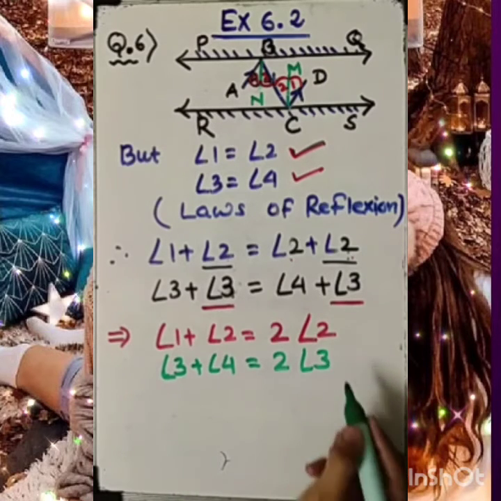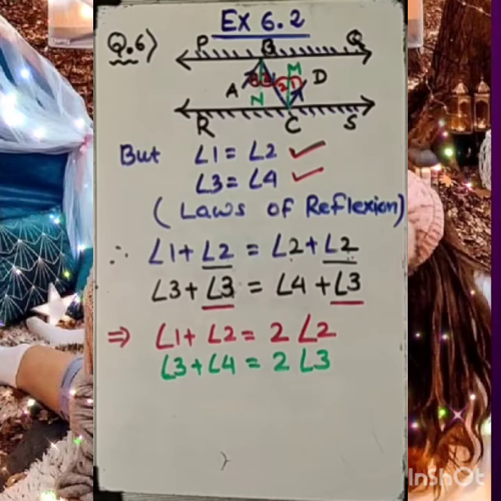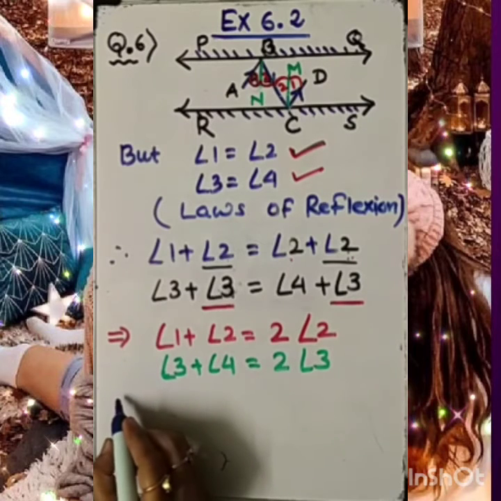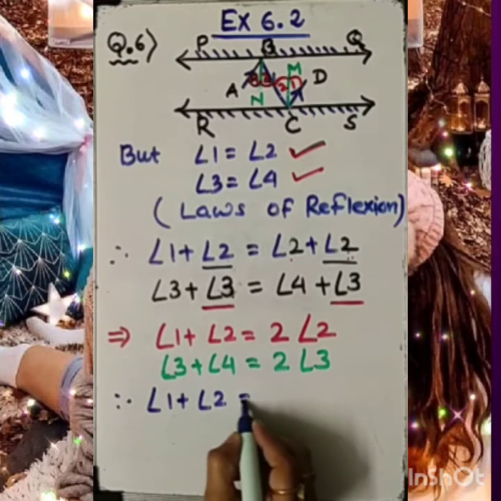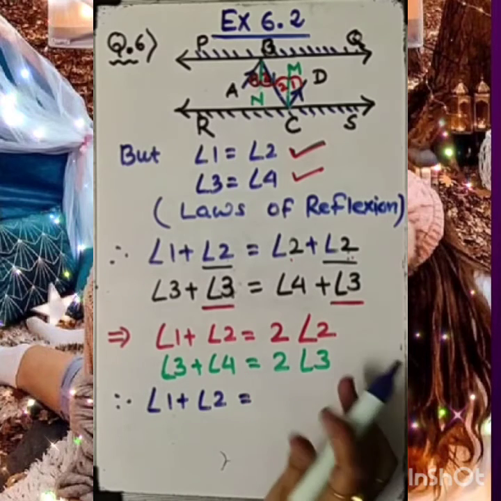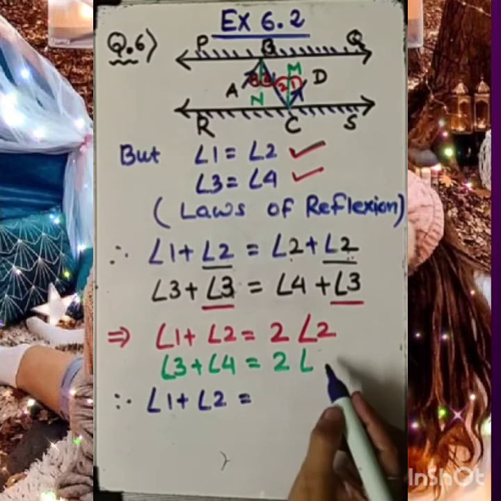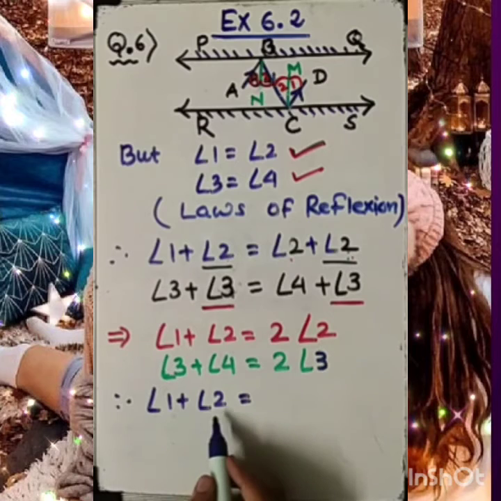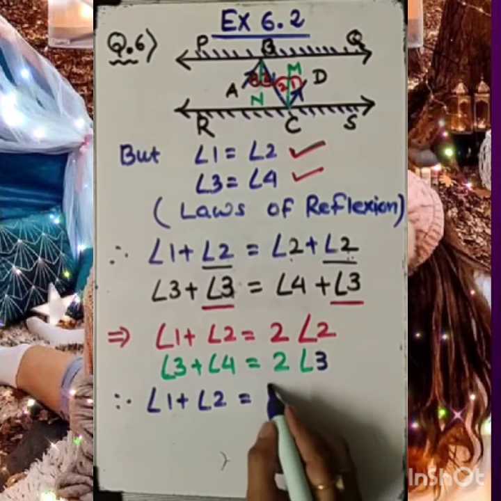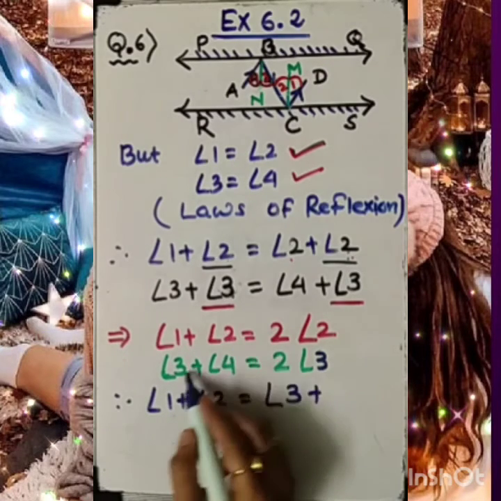The sum of these two angles is 2 into angle 3. Now next step we can say, therefore, angle 1 plus angle 2 equal to angle 3 plus angle 4.